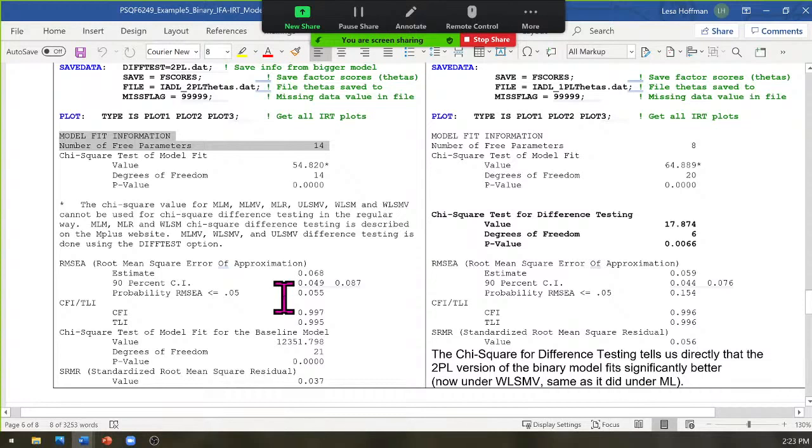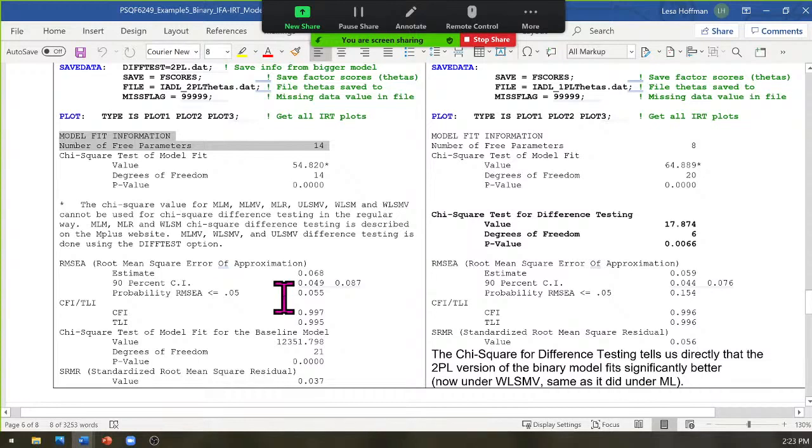So to be able to do a nested model comparison, to ask whether the 2PL fits better than the 1PL, here's what we've got to do. Step 1, save the information from the model that has more parameters. So the bigger model goes first, order matters. The way that I'm going to do that is on the SAVEDATA line.